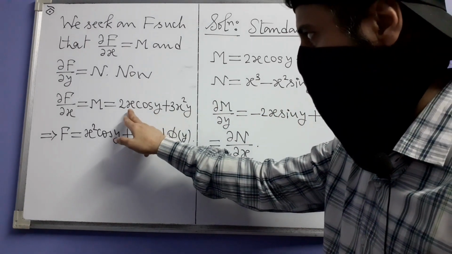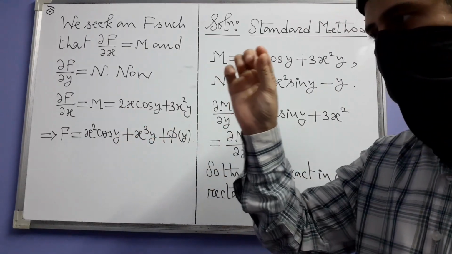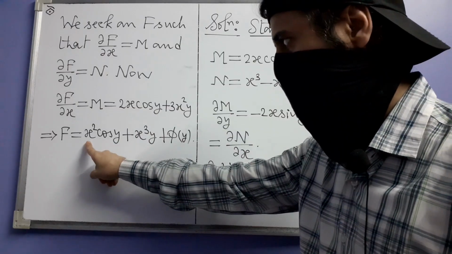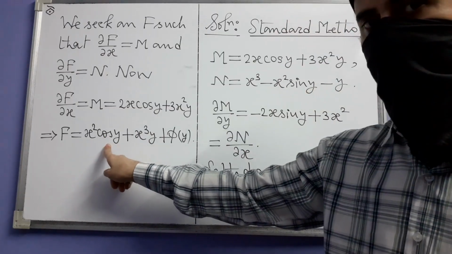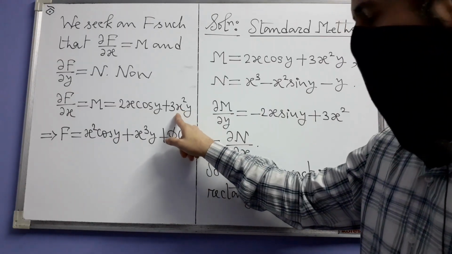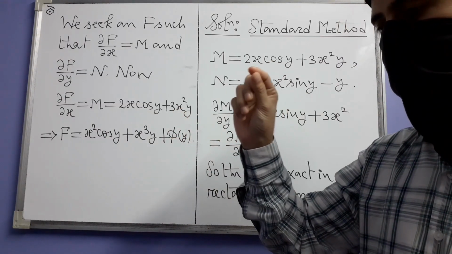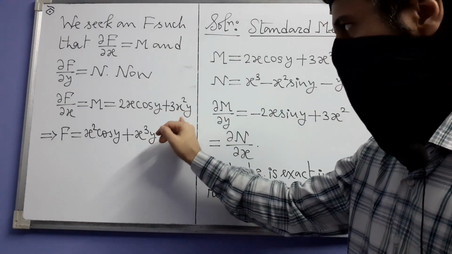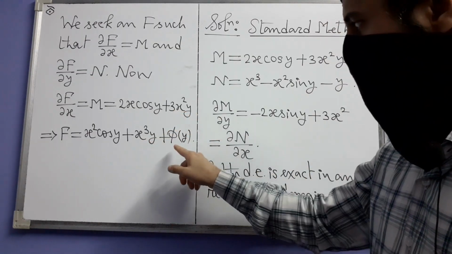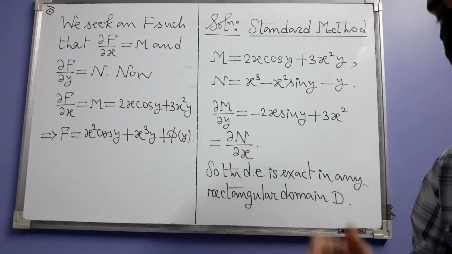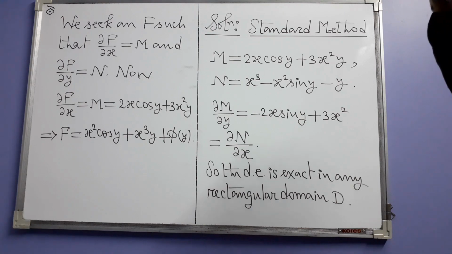Now if you integrate x, what will you get? x square divided by 2. After cancelling that 2 and this 2, you have x square, and with that we have cos y. Similarly, integrating x square will give you x cube divided by 3. So 3x square will become x cube, and y is there, plus an arbitrary function of y, because the integration is with respect to x.